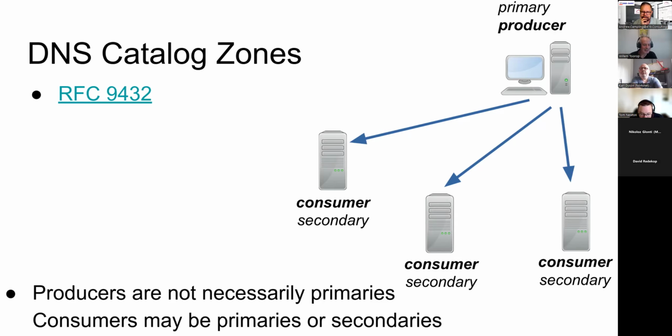Most commonly, consumers are secondary for the catalog zones, but not necessarily secondary for the member zones. They could have other roles like signing, intermediate signing processes, etc. I think the operators that I will introduce have some examples of that.